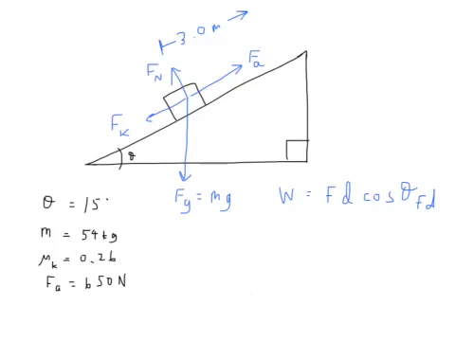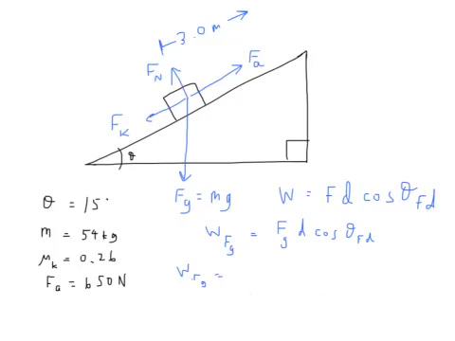So next, I am going to find the work done by, let's see, there's two forces left. Let's do the force of gravity next. The work done by the force of gravity is equal to, of course, F times D times the cosine of the angle between them, like that. So, this is pretty simple.